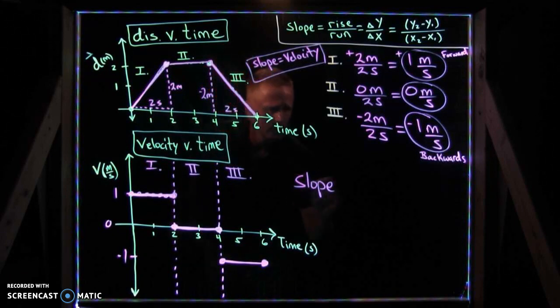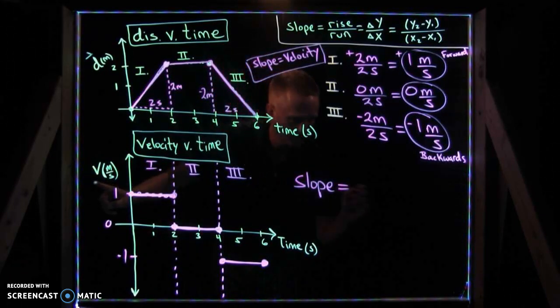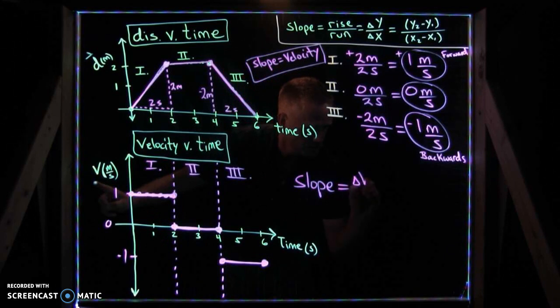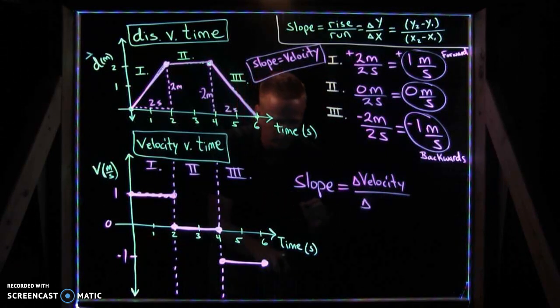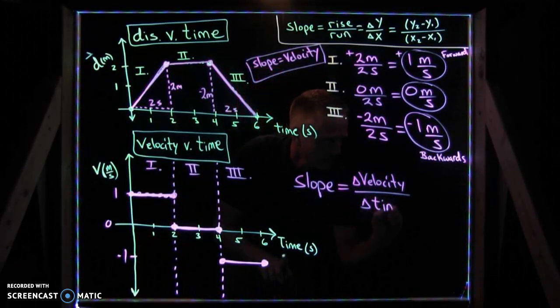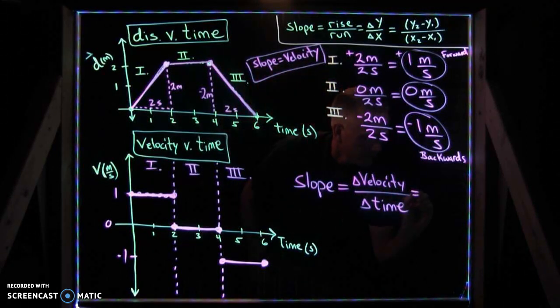But what does that mean? The slope means the change in your y-axis variable, in this case, the change in your velocity, divided by the change in your x-axis variable, in this case time. And by definition, change in velocity per unit time is acceleration.